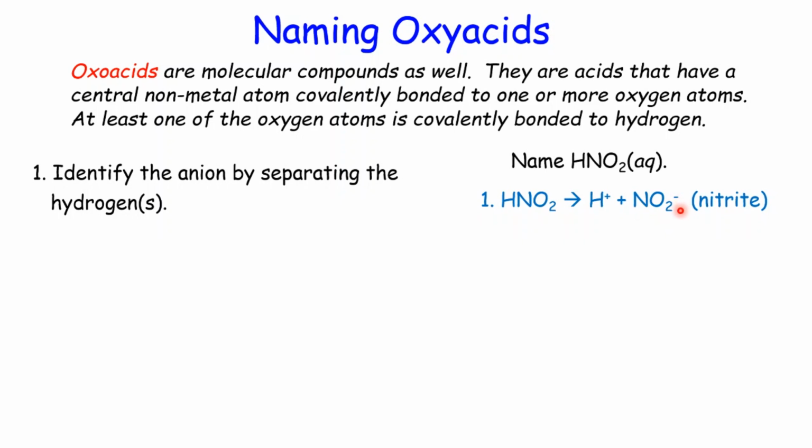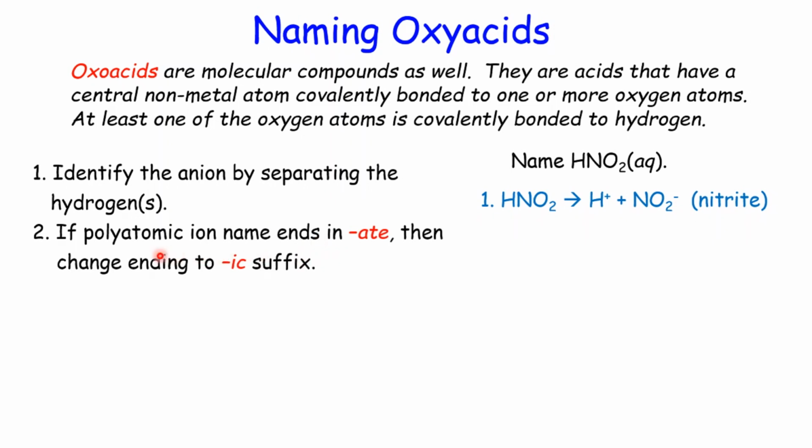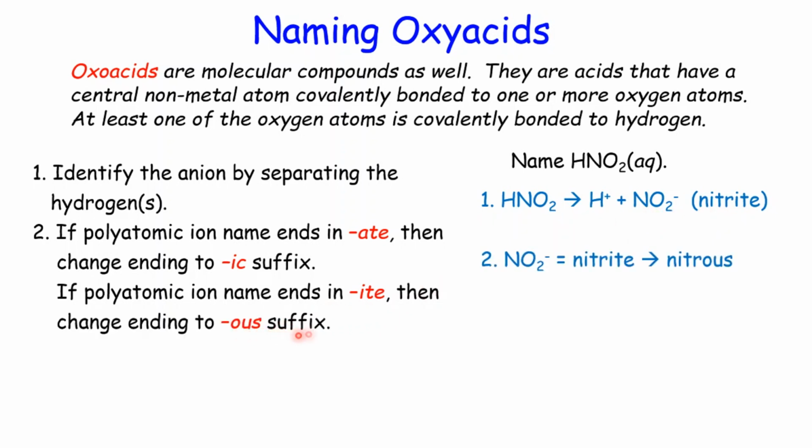From previous lectures, we know this is nitrite. Remember nitrate is NO3, but this one is not nitrate, it's NO2, this one is nitrite. If the polyatomic ion name ends in ATE, we use IC as the suffix. But if it ends with ITE, like in this case, we use OUS as the suffix.